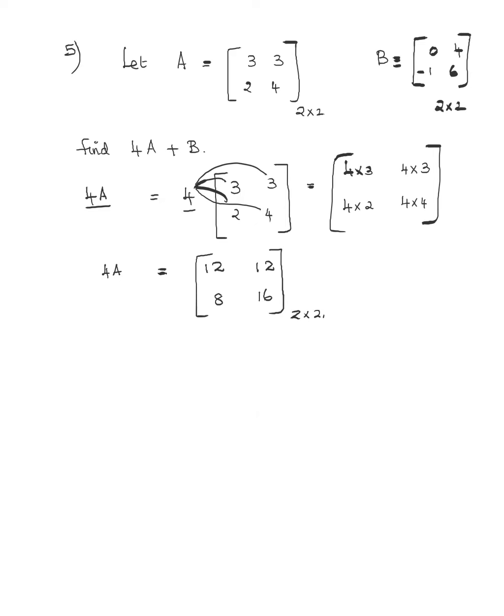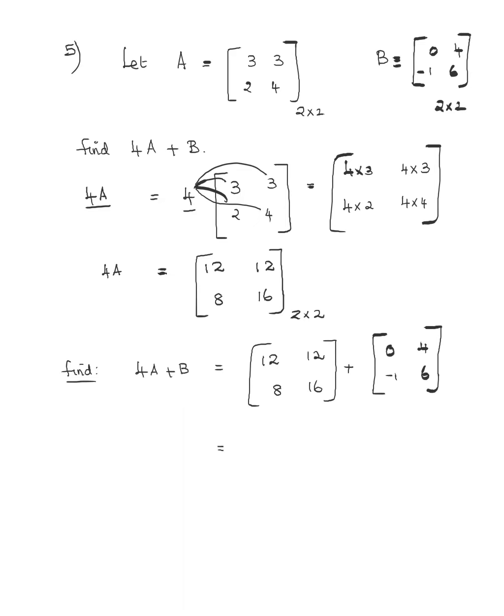Now we have to find 4A plus B. From the previous step, 4A is 12, 12, 8, 16. Now add B to this one. B is the matrix 0, 4, -1, 6.